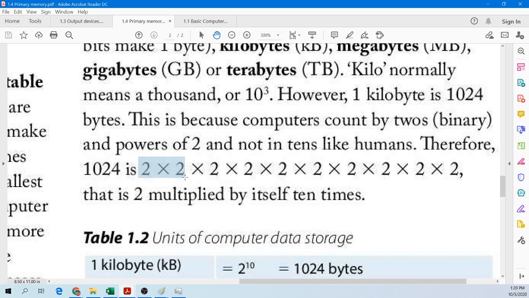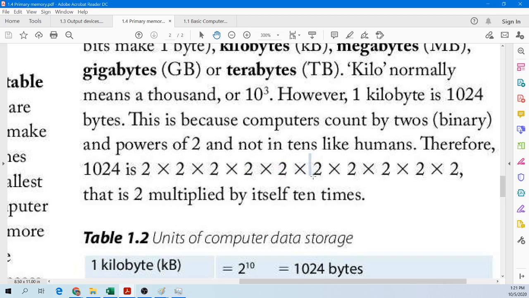So 2 times 2 is how much? 4. So 4 times 2 is 8. 2 times 8, 16. Good. 2 times 16, 32. Good. 2 times 32, 64.